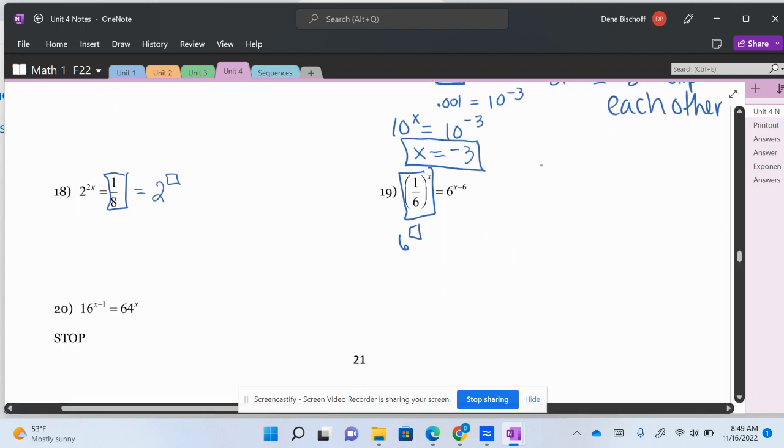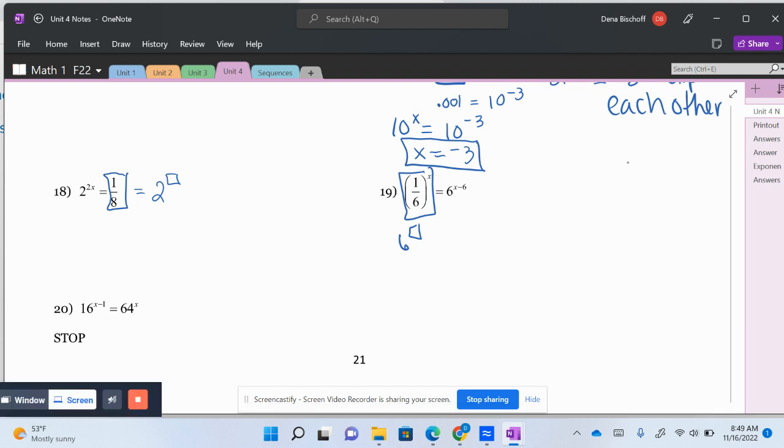So I have 16 to the x minus 1 power. What is another way to write 16? Four squared. So 4 to the second times x minus 1. So I have to still multiply by that exponent equals, can I write 64 as a power of 4?